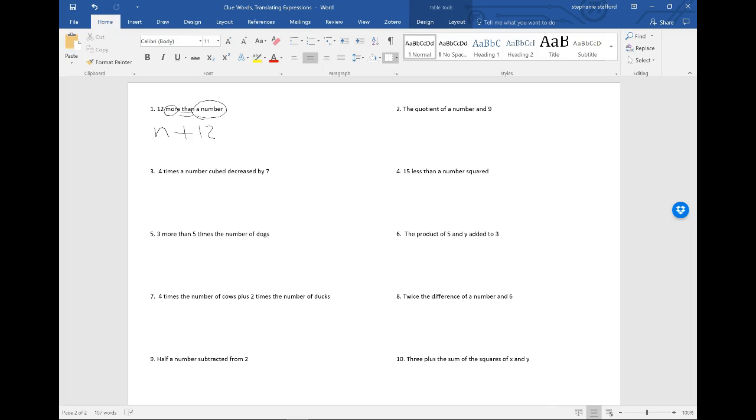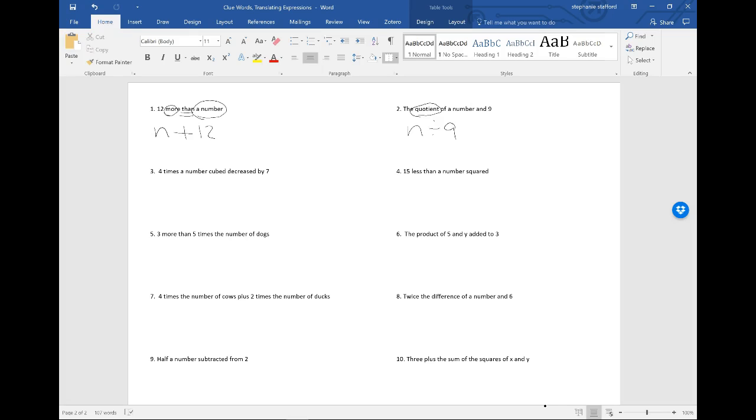So n plus 12 would be the correct answer for that because of that turnaround word, than. 2, the quotient of a number and 9. So your clue word here is quotient. There's no turnaround word, there's no than or from, so I leave it in the order it sits. So quotient means to divide, a number, 9 second.